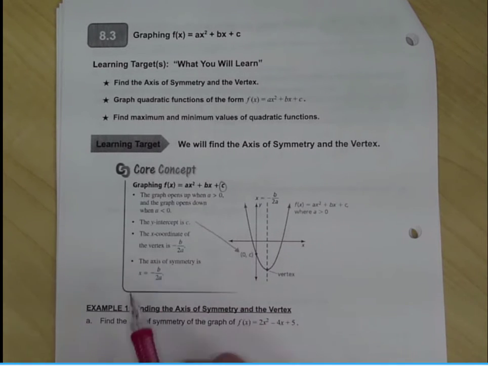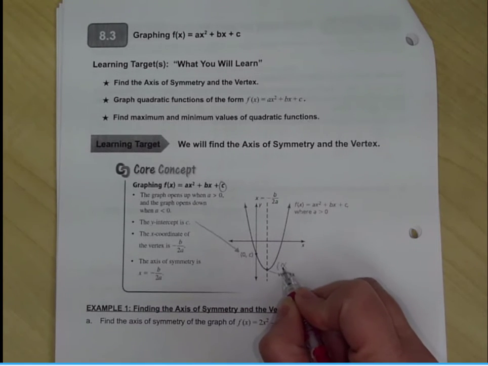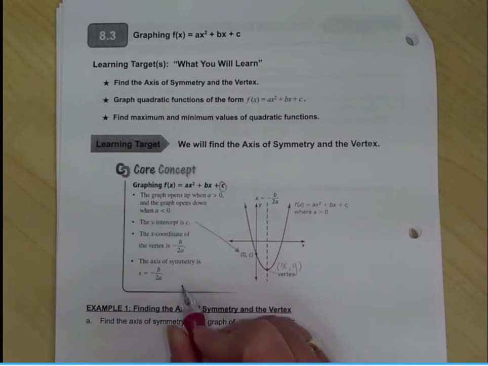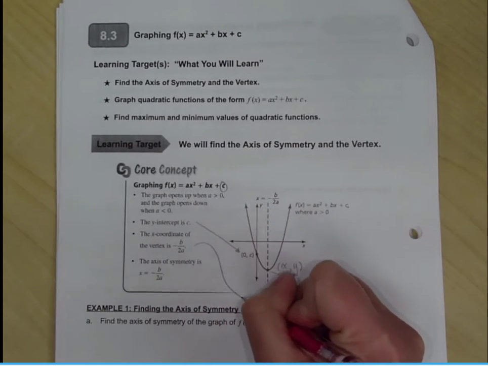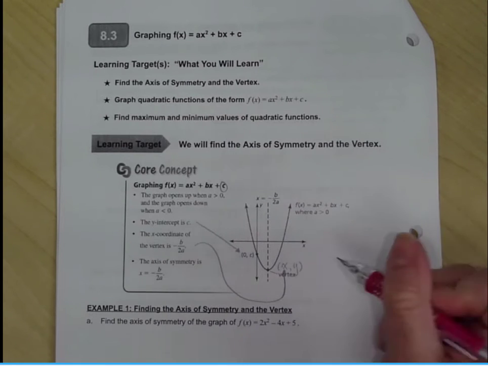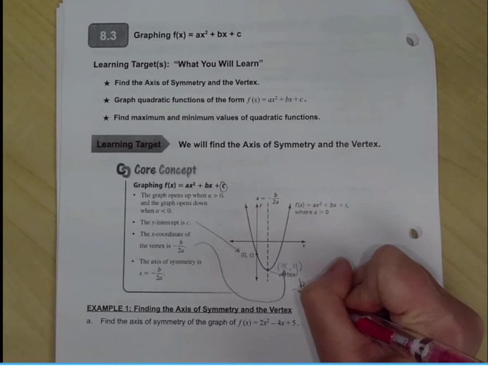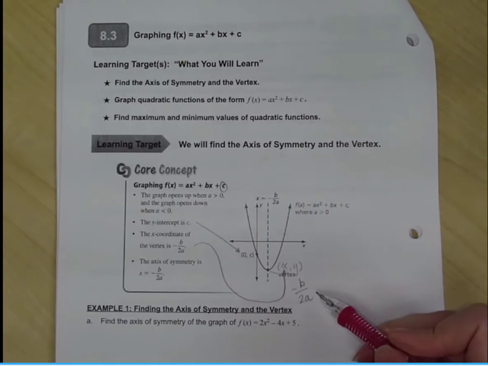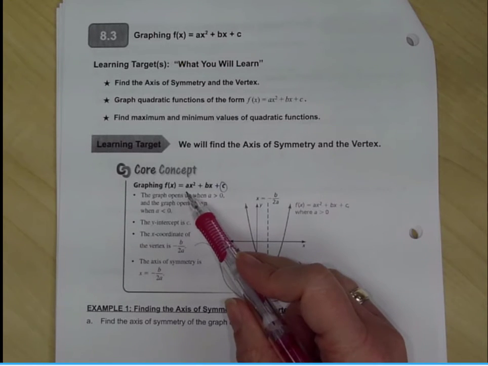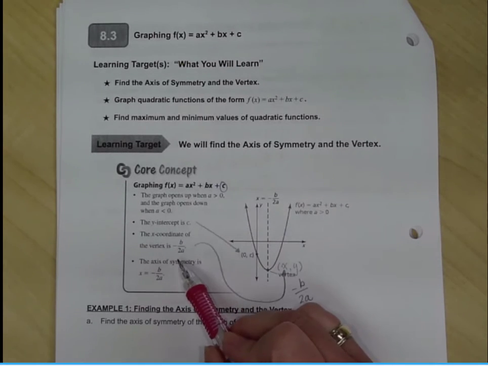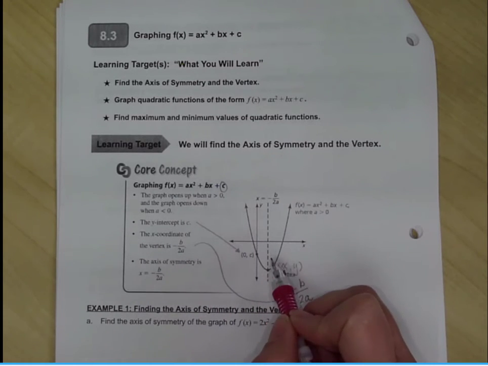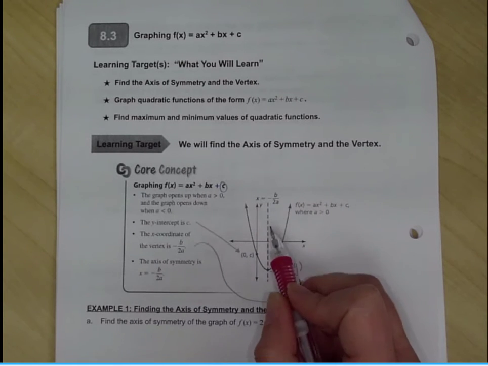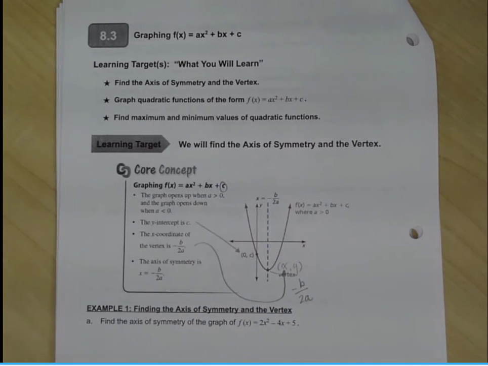The x-coordinate of the vertex can be found with this formula, negative b over 2a, which we're talking about this a and this b. Then the axis of symmetry is that x value. So if this is x equals 5, the axis of symmetry is x equals 5.